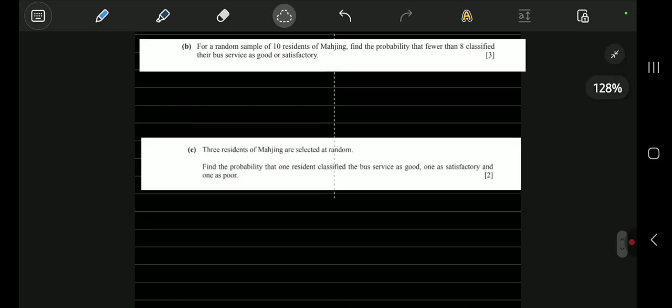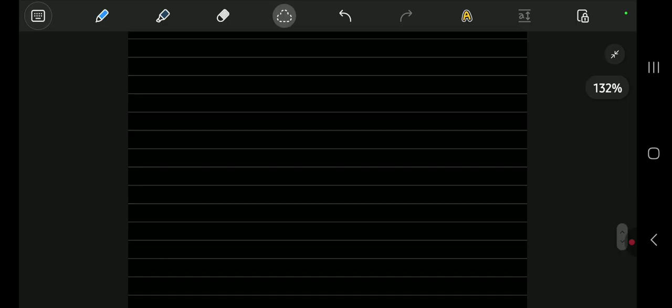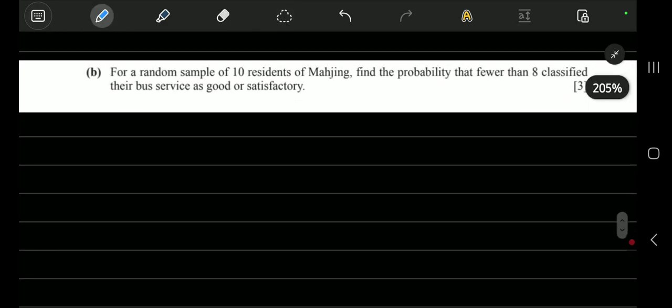Part B says, for a random sample of 10 residents of Mahajing, find the probability that fewer than 8 classified their bus service as good or satisfactory.